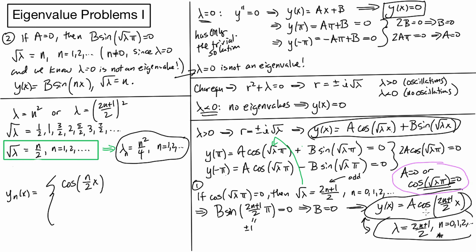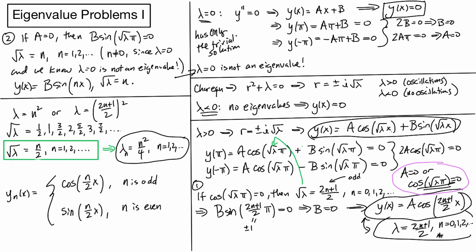But cosine corresponds to the 1/2, 3/2, 5/2, that is when n is odd. So if n is odd, that's my eigenfunction. If I look at sine, it's also sine of square root lambda, which is n halves. But this one is only for 2 over 2, 4 over 2, 6 over 2, and so on. So this is only for when n is even.